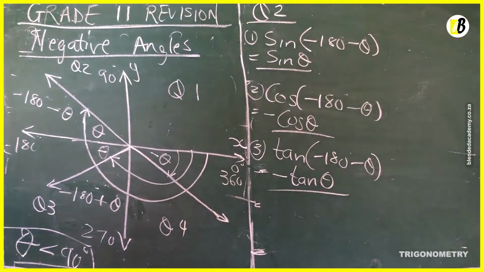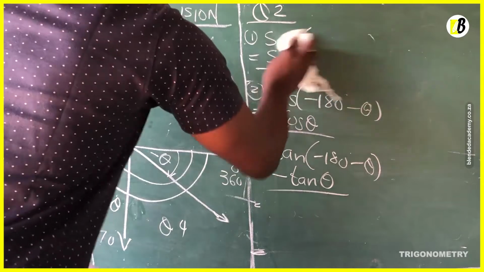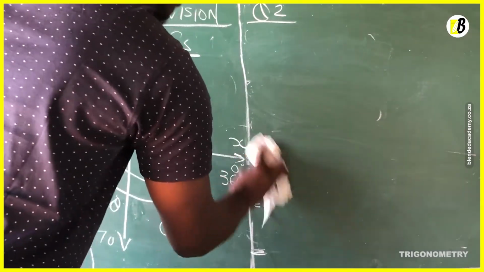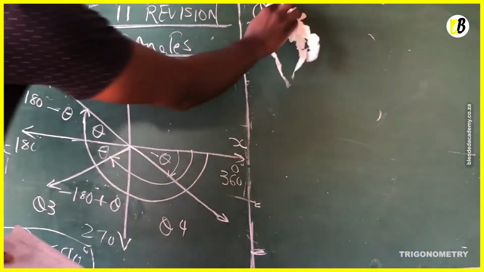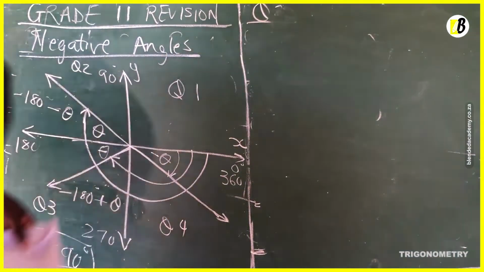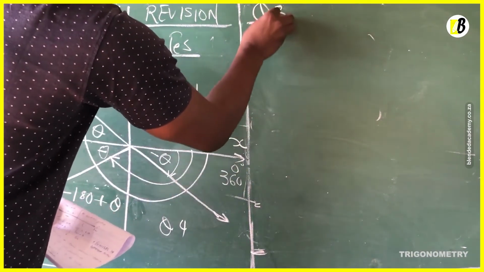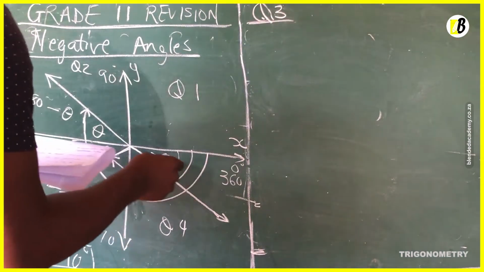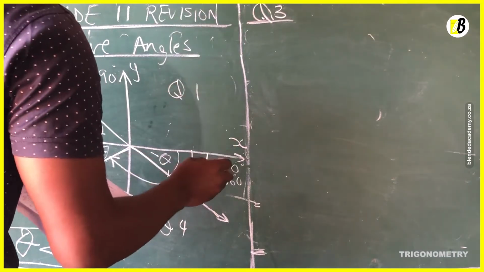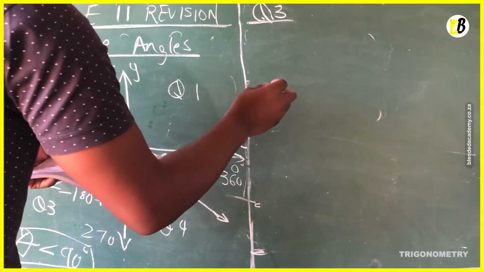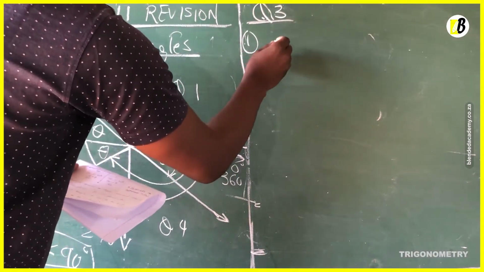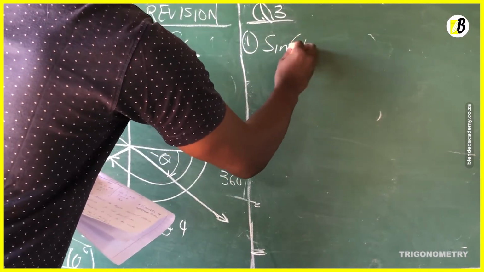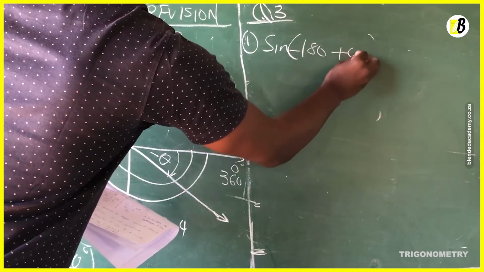And then now let's move on and try to simplify functions in the third quadrant using the same diagram. Remember that this Q represents quadrant. Don't mistake it for question. It's quadrant number 3. So in this case, let's have sine of minus 180 degrees plus theta.